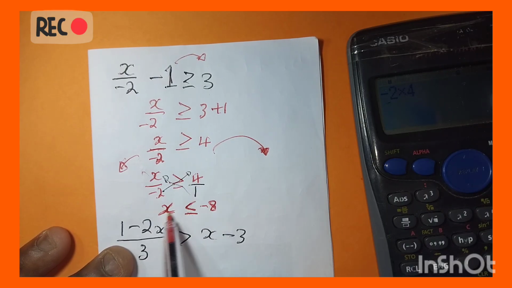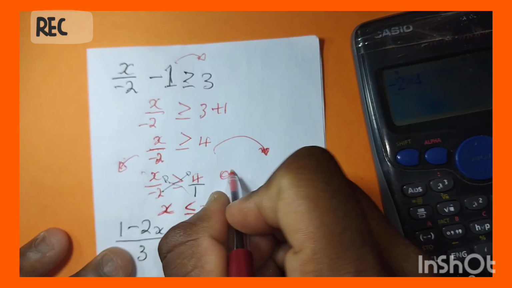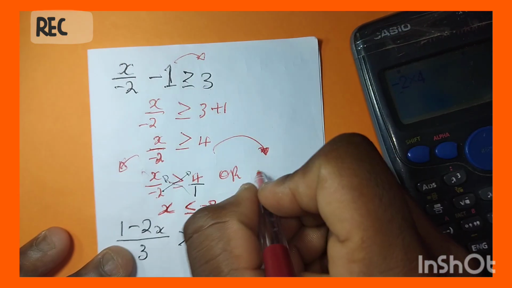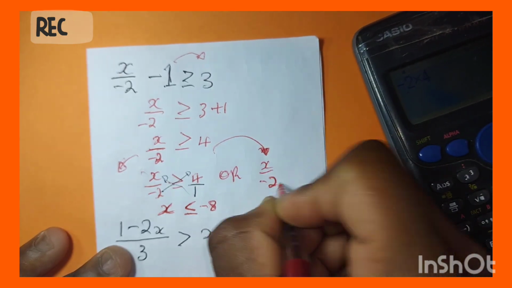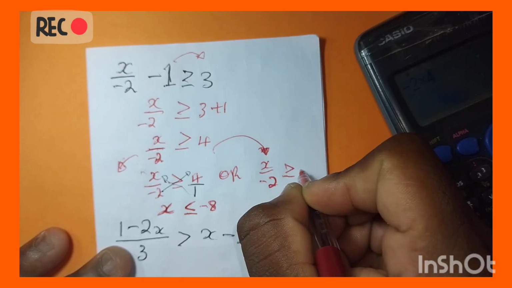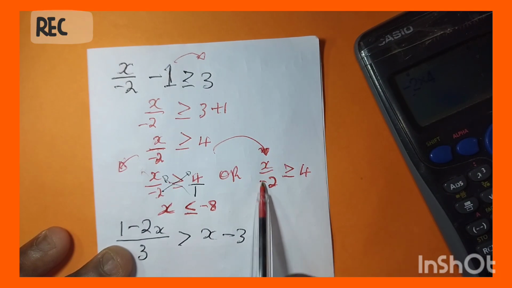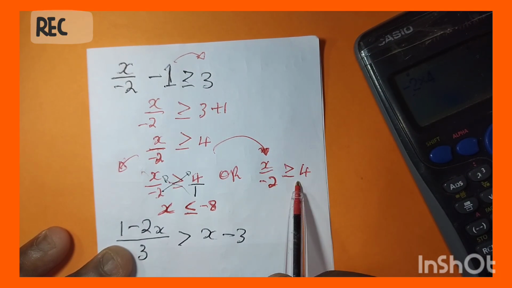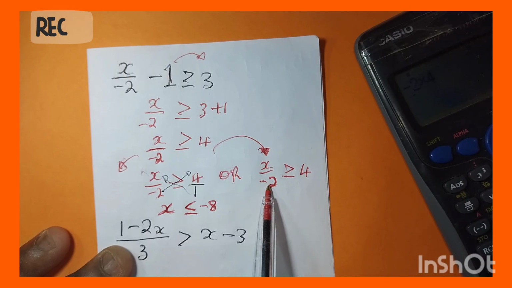So this is the first step that you can do. Or you can even apply this step. If you have one fraction in the equation, you multiply all terms by its denominator.